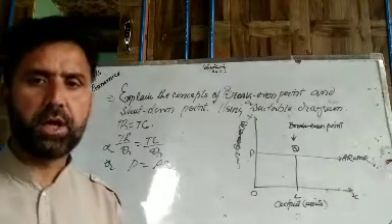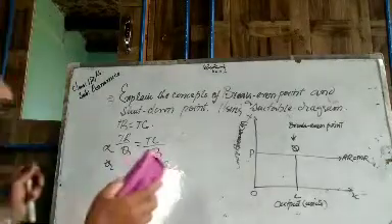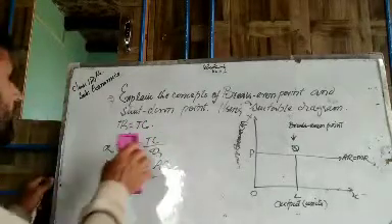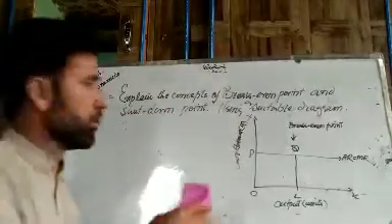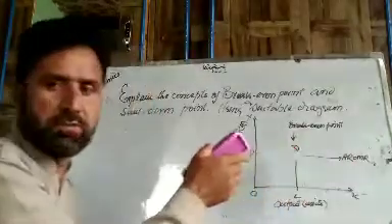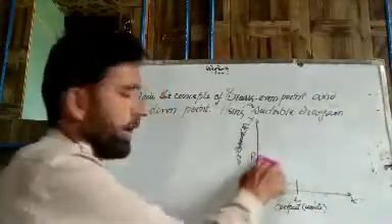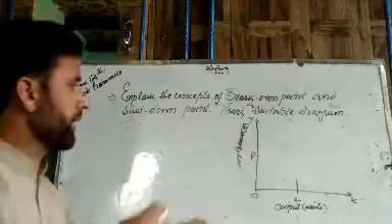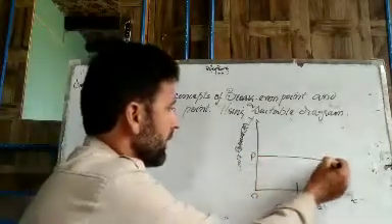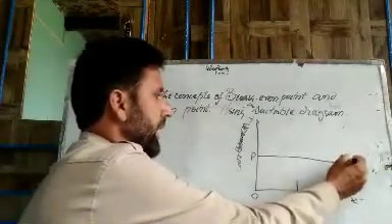So dear students, now when we discuss the shutdown point, we have to change this figure. Here it is P and it is OL, and this is the price line. The price line is constant everywhere.